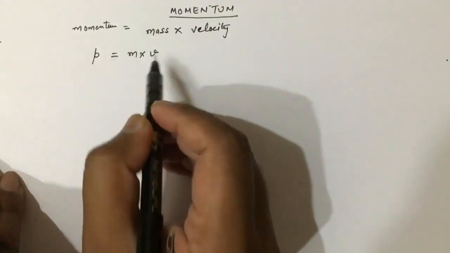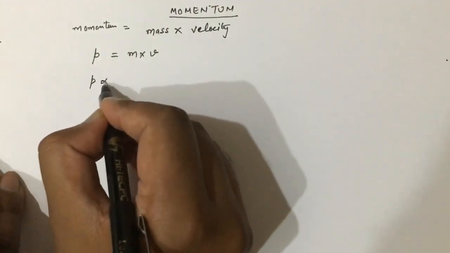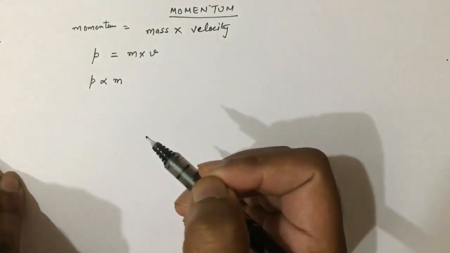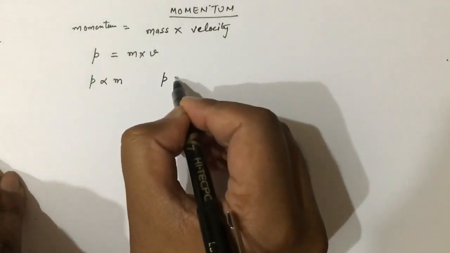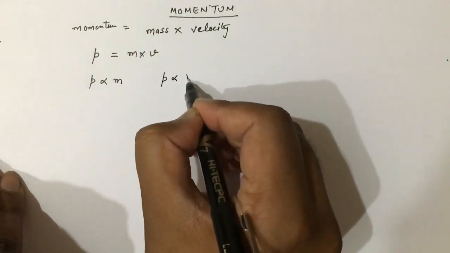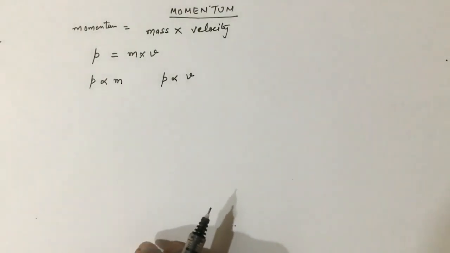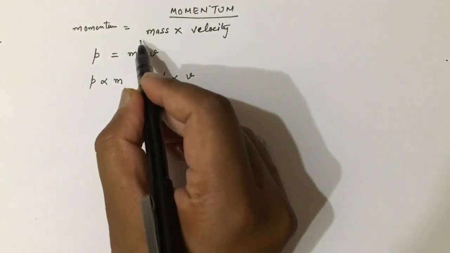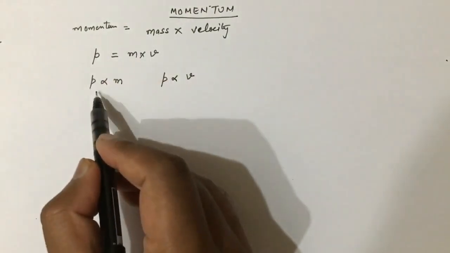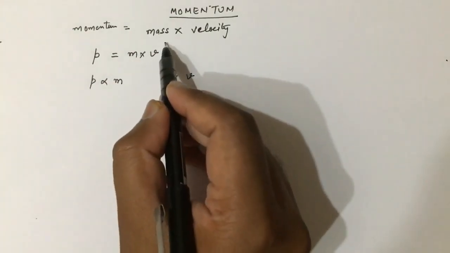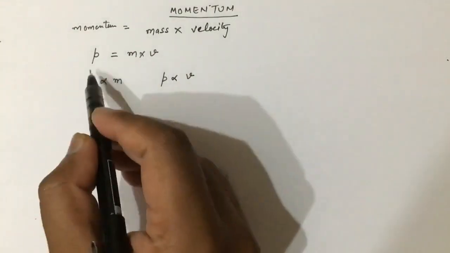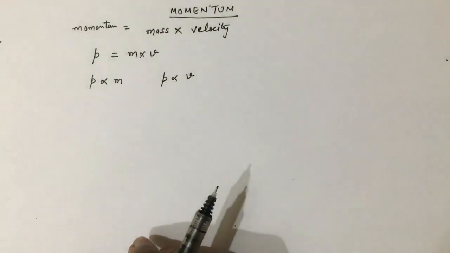Now look at this relation: momentum is directly proportional to the mass, and momentum is also directly proportional to the velocity. Means if you increase the mass of the object, then momentum will increase. If you increase the velocity of the object, then also the momentum will increase.